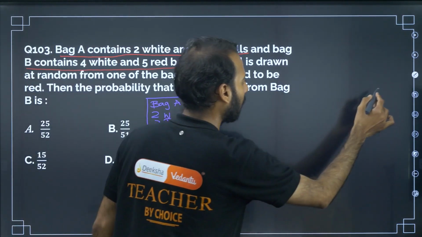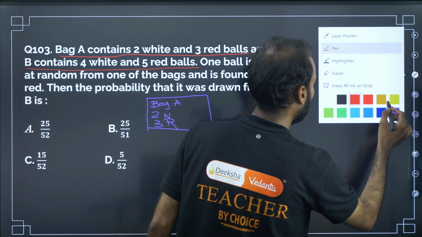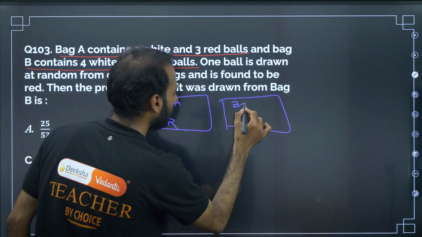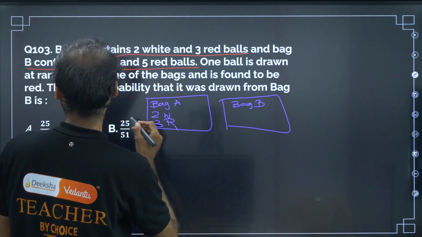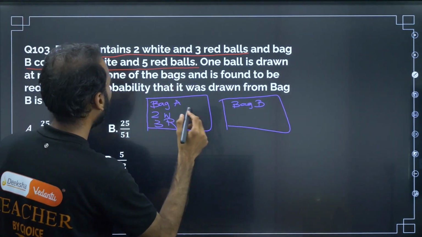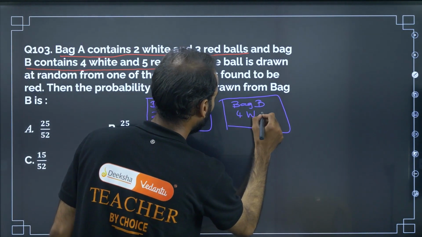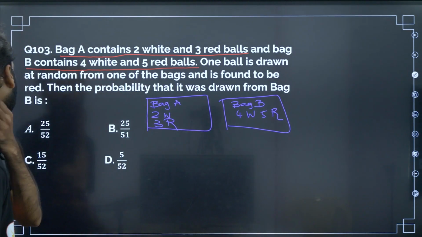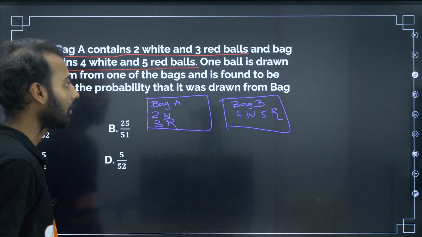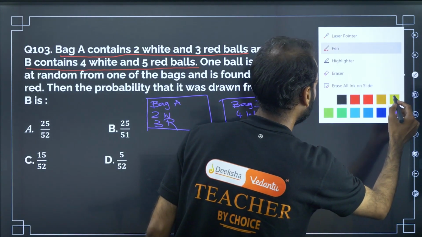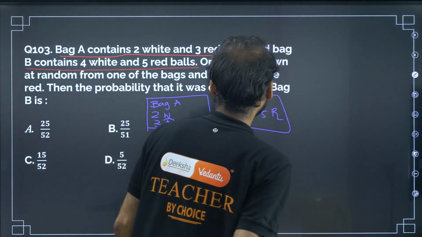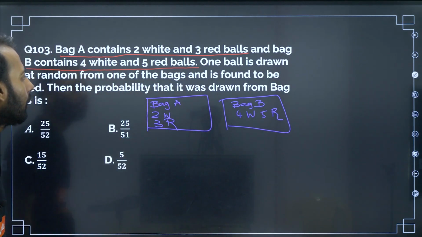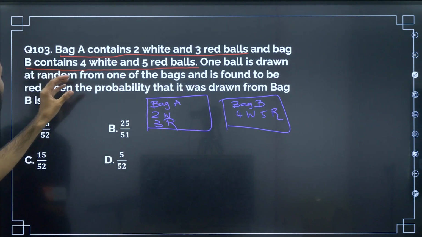Let me show you diagrammatically so that it will be easier to understand. Bag B contains 4 white balls and 5 red balls. Now see the question. This is the given data. One ball is drawn at random from one of the bags, and it is found to be red. We don't know which bag.